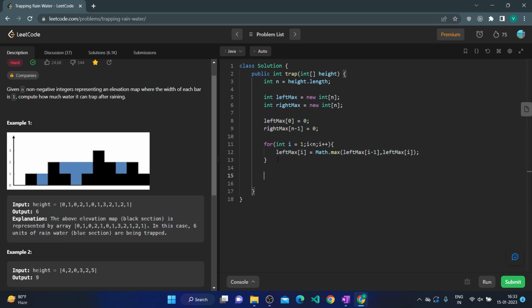We will do the similar stuff for calculating the right max bars, and this time we will start from n-2 because the last index is already filled with the right max, which is 0.